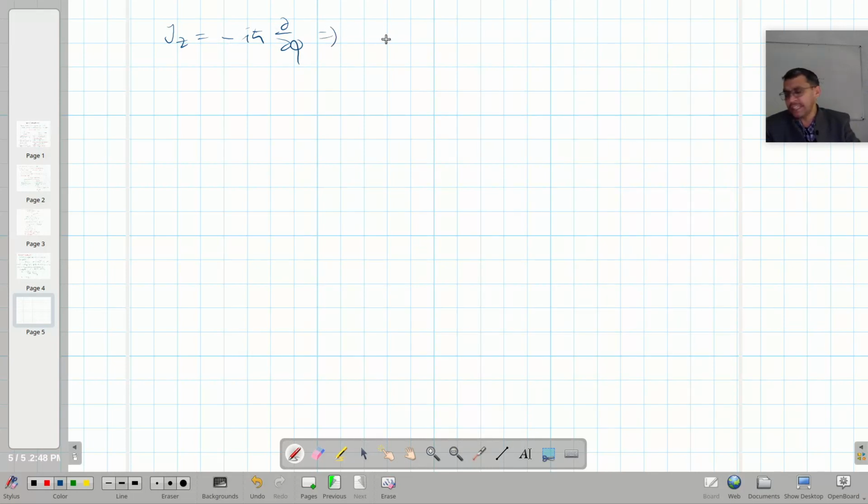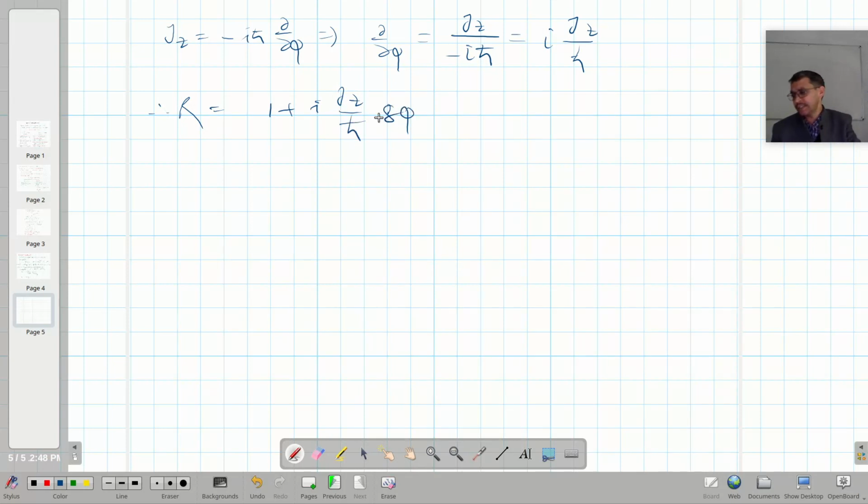So from here I can write down d over d phi as equal to Jz over minus iota h cross, and it can be written as iota Jz over h cross. So therefore R can be written as 1 plus iota Jz over h cross times delta phi.